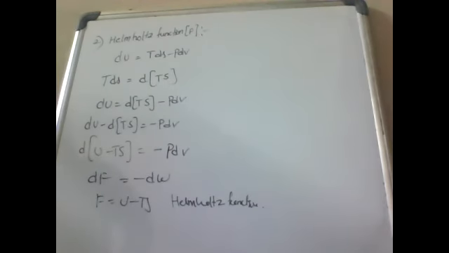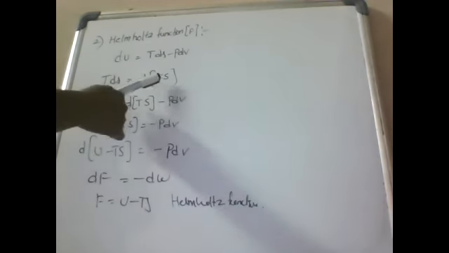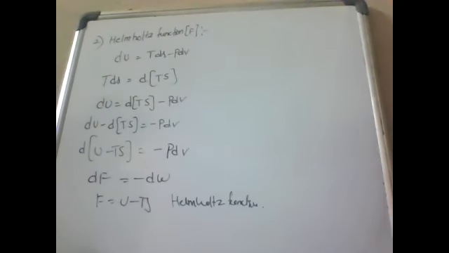So here we are getting F equals U minus TS. When we substitute TdS equals d(TS) in the thermodynamic relation, using the thermodynamic first and second equations, we get d(U minus TS).